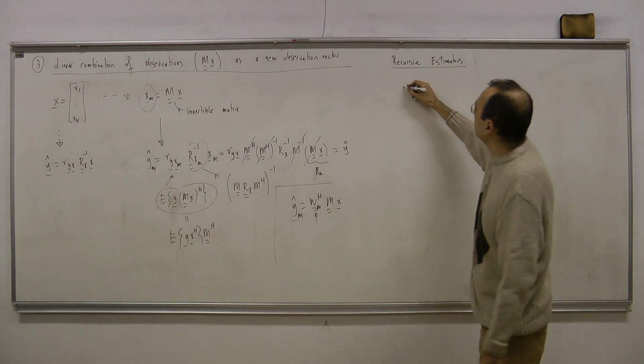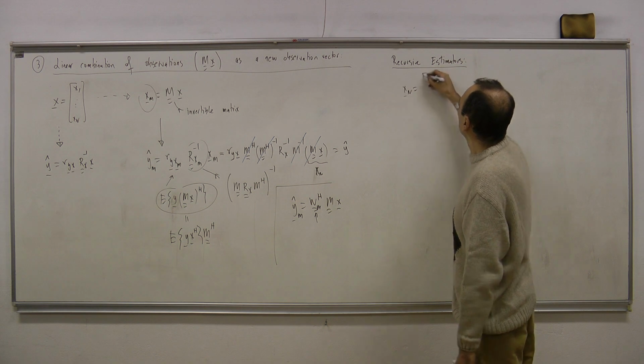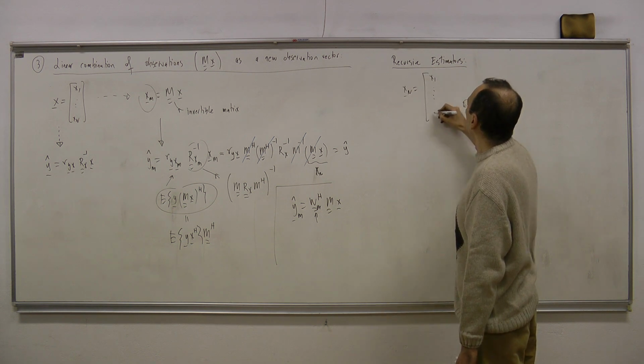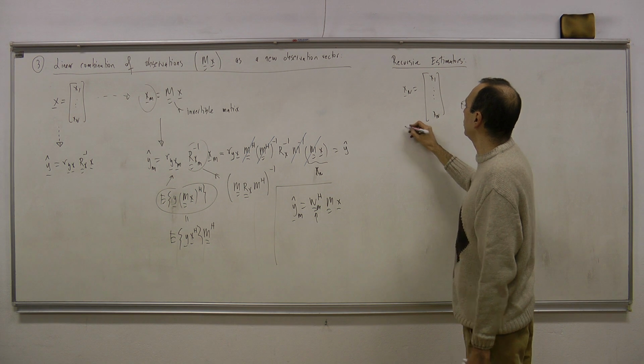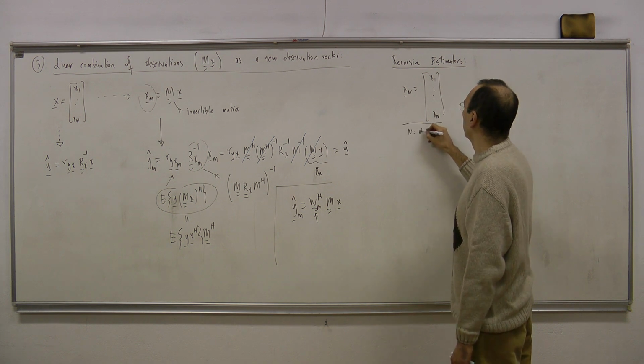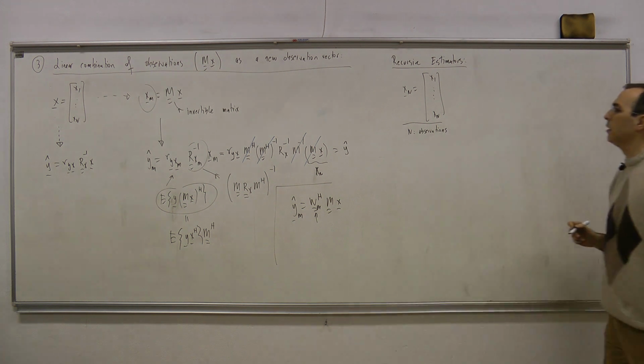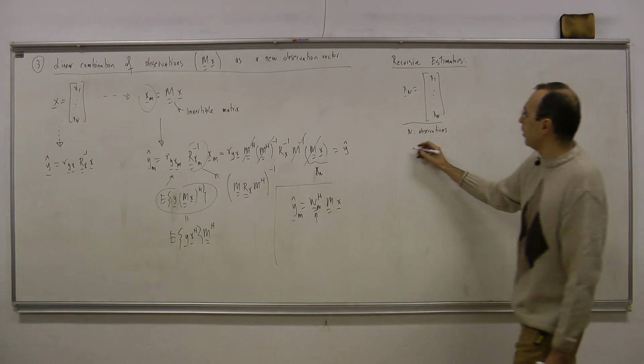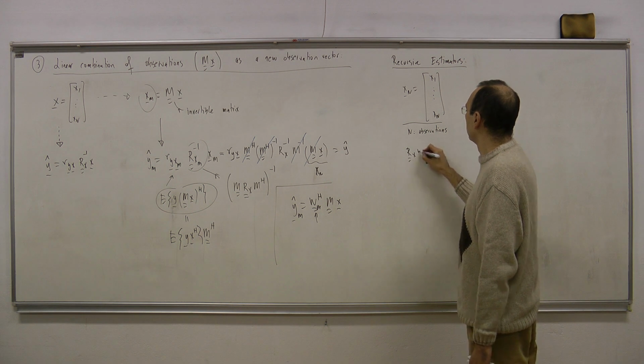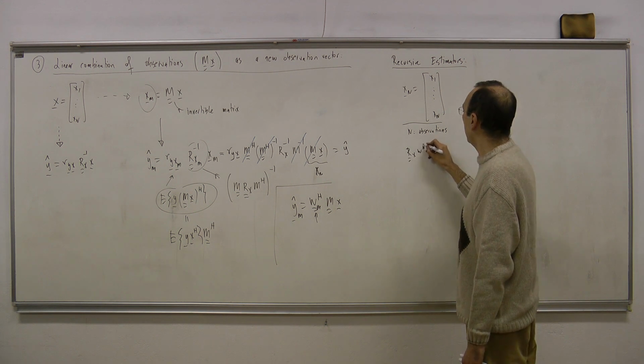So let's assume that I have n element observations, so this is n observations. Now I know how to combine these n observations.